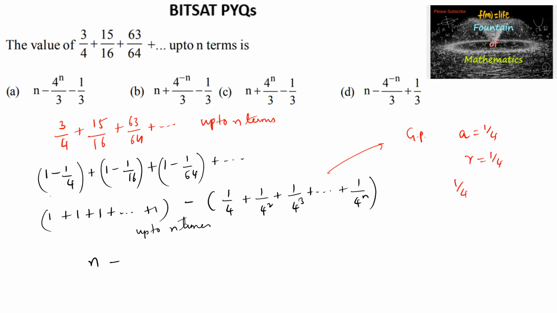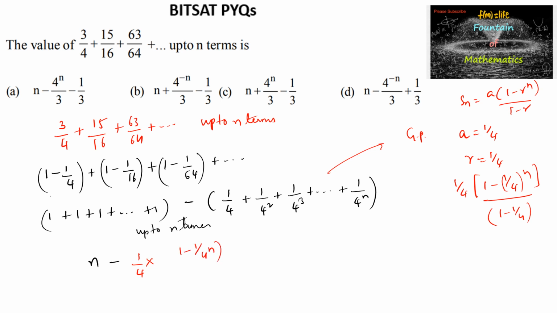So we may use the sum to n terms in GP, a(1 − rⁿ)/(1 − r). So we write 1/4 × (1 − (1/4)ⁿ) divided by (1 − 1/4), which is 3/4. So we can write n − 1/4 × 4/3 × (1 − (1/4)ⁿ).